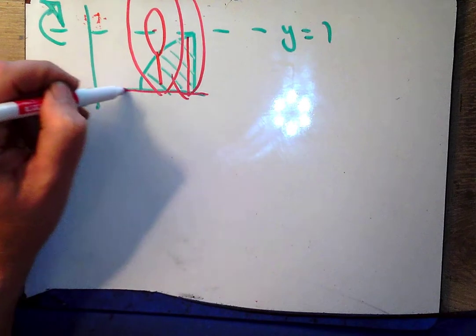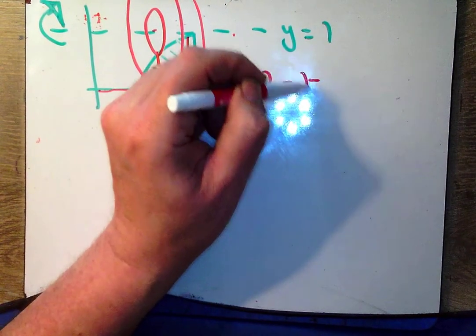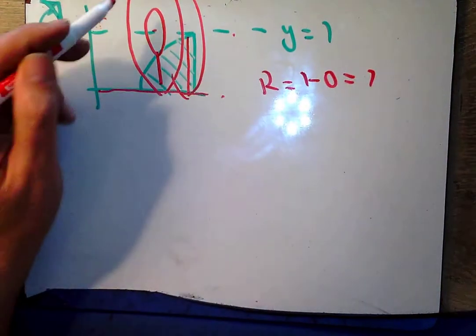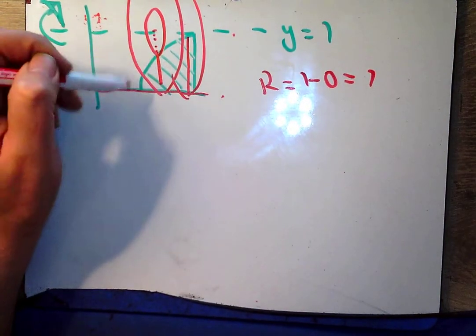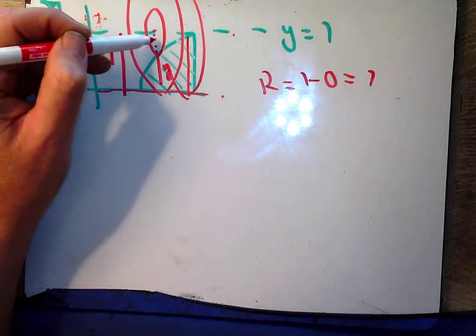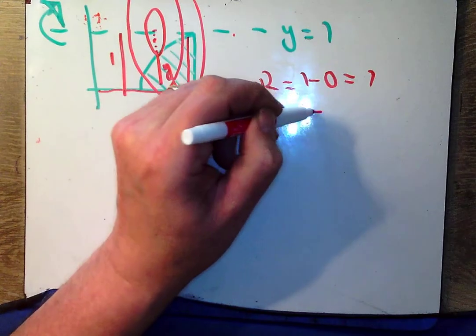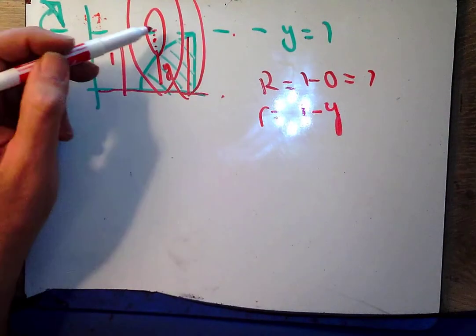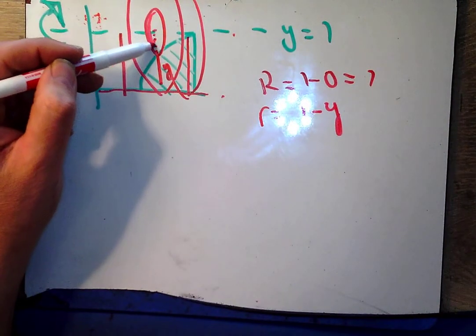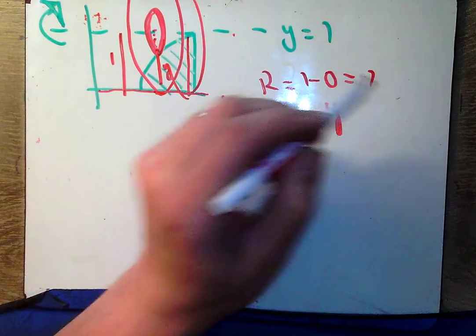It's bounded here, so we could do top minus bottom. But little r is changing. I know that this amount is y, I know that this amount is 1, and so that little r is going to be 1 minus y. However, this is a vertical slice. See that dx change?